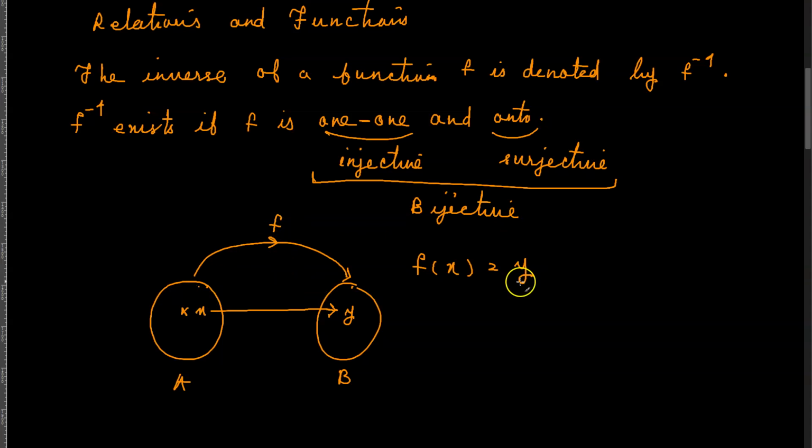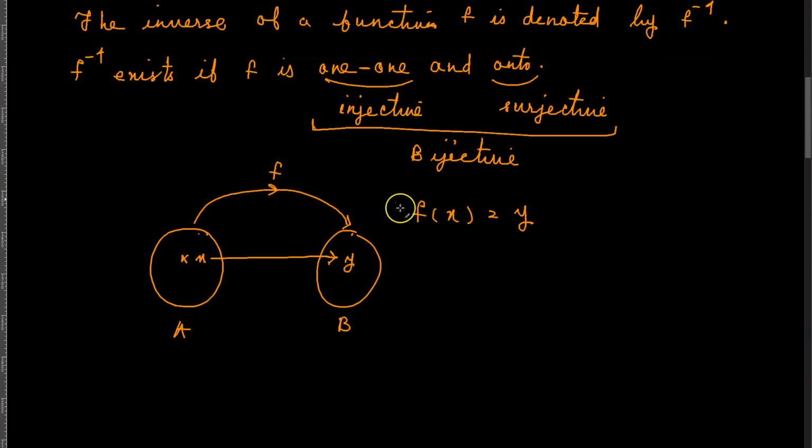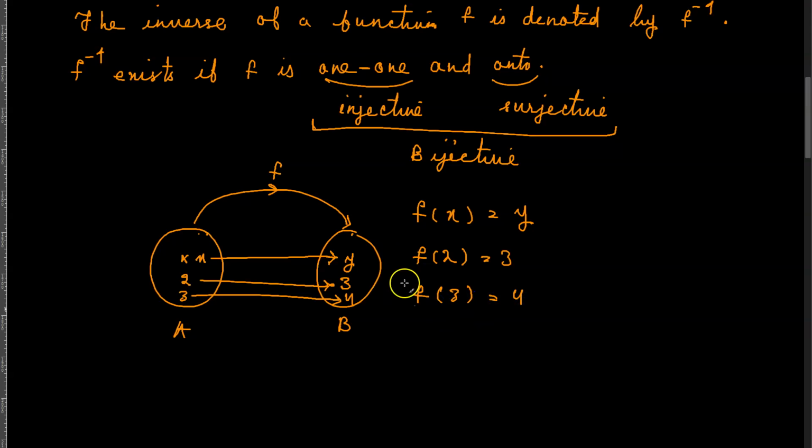For example, under some f, 2 is mapped to 3, or 3 is mapped to 4, and so on. So f of 2 is equal to 3, and f of 3 is equal to 4, depending on your function.